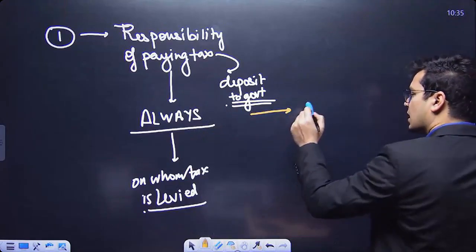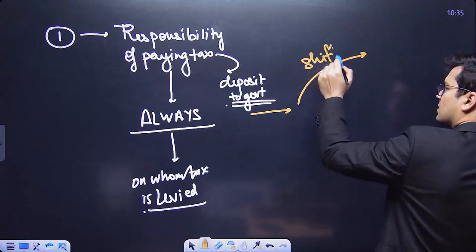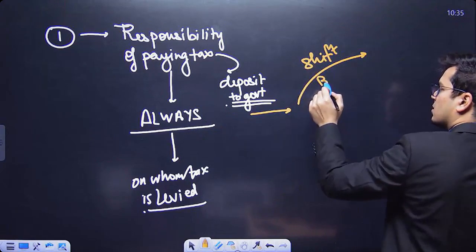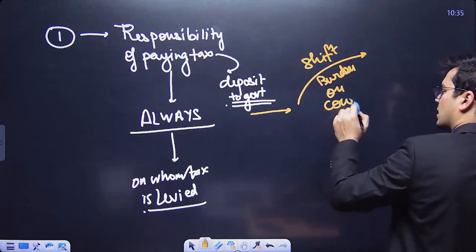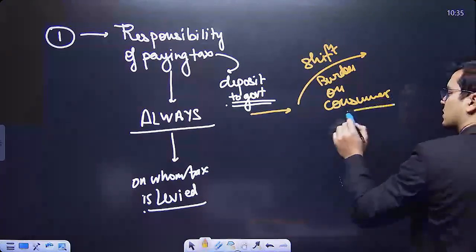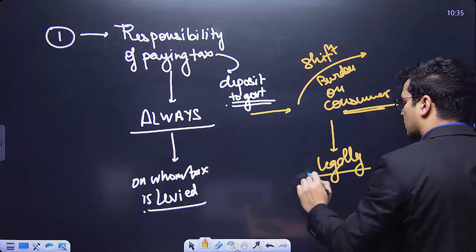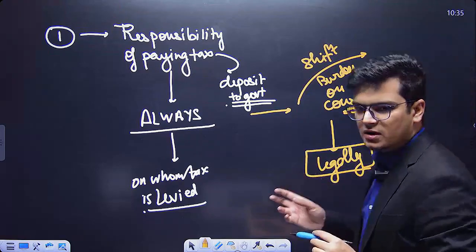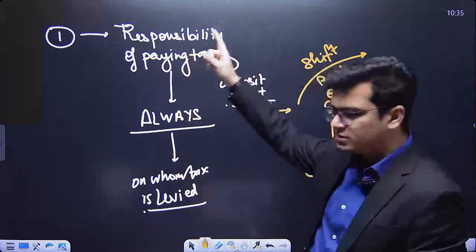However, in some cases, it is sometimes allowed for you to shift your burden. In some cases, you can shift this burden on the consumer. You are legally allowed to shift this burden. Shift this burden meaning not the function of depositing to government.